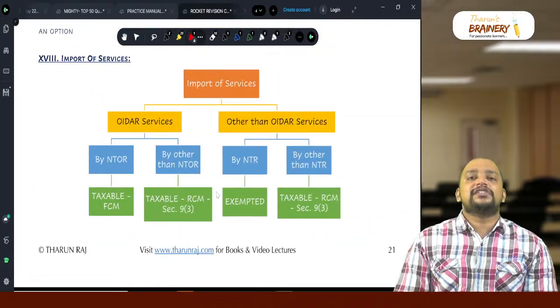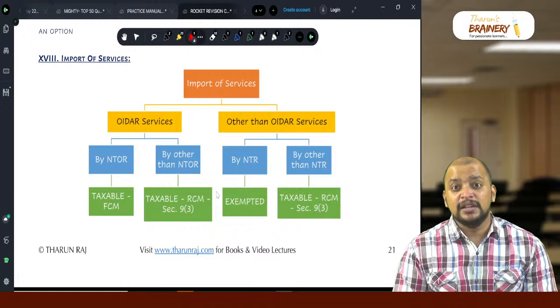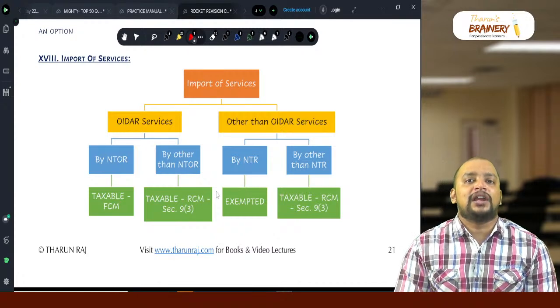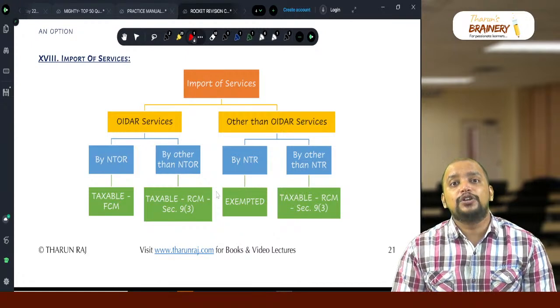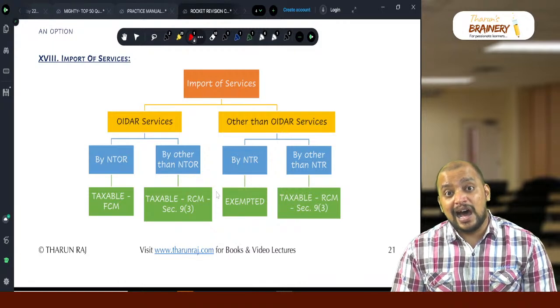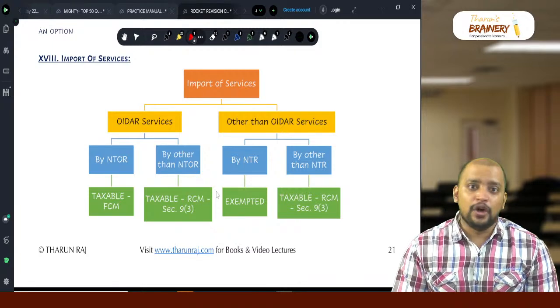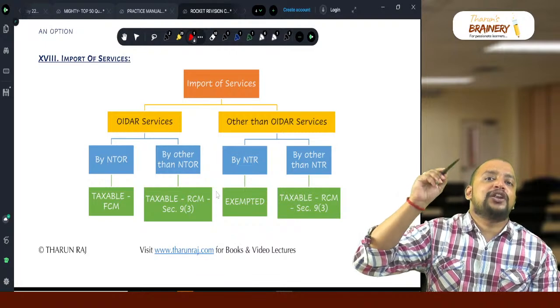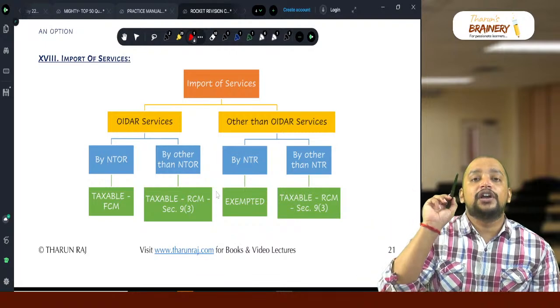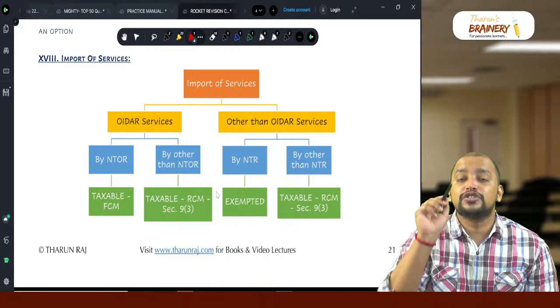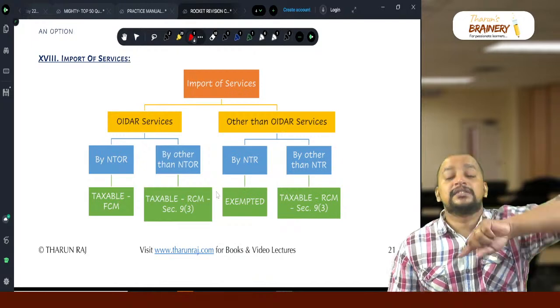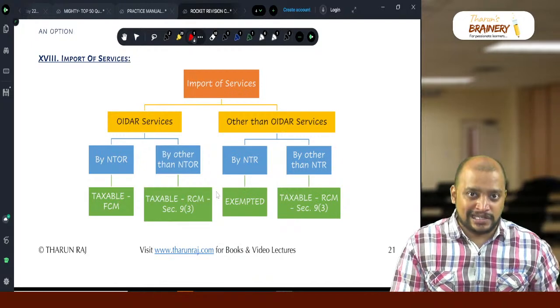For example, when you subscribe to Amazon Prime or Netflix, you come under non-taxable online recipient. Are you liable to pay GST under RCM or not? No. You are taking an Amazon Prime or Netflix subscription, and you are a non-taxable online recipient because you are unregistered and importing for personal purpose. So the supplier is required to pay GST under FCM.